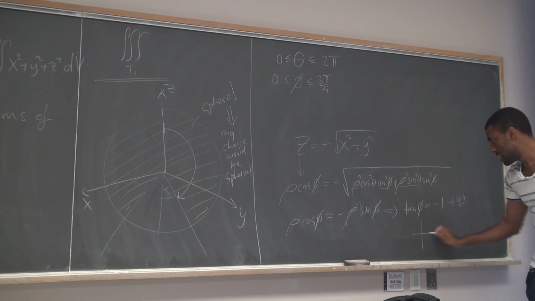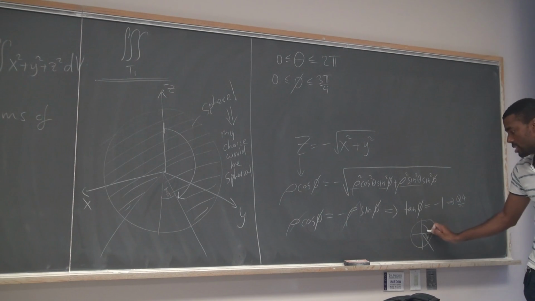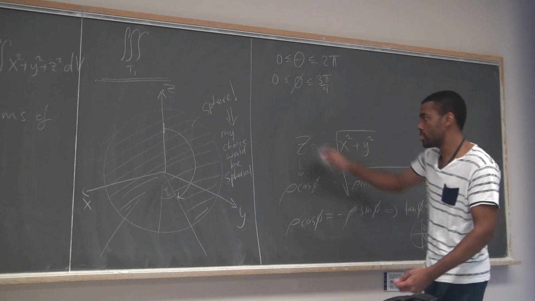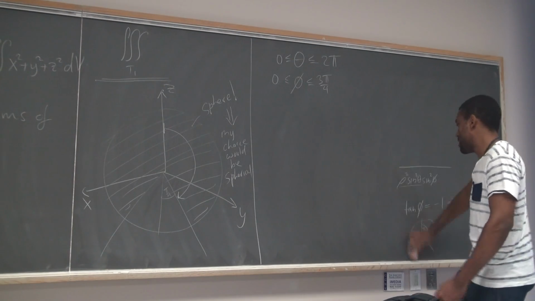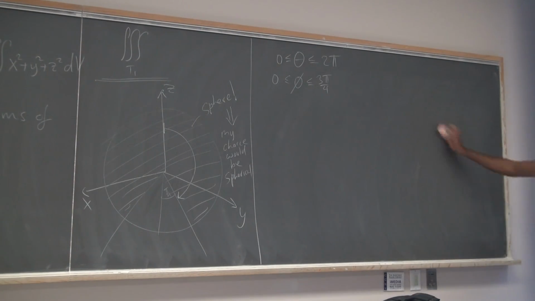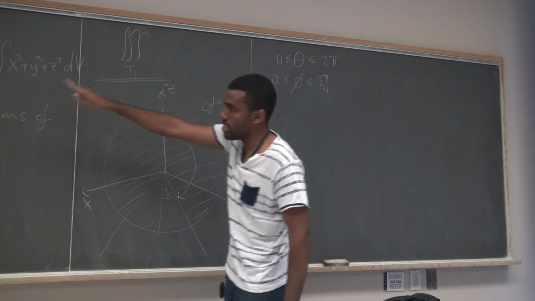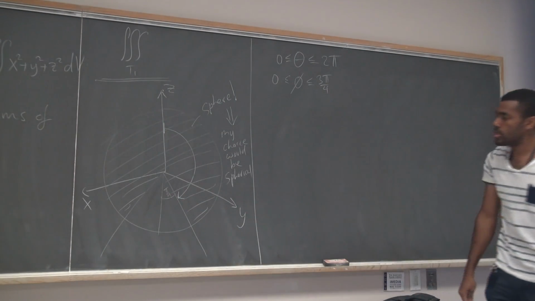But you do know that's in the 4th quadrant, where this is pi over 4. You know that this here is pi over 2, so together it's 3 pi over 4. So you can do it algebraically, or you can also draw pictures. I just want you to know how to figure that out, just in case I give you something weird. But yes, for the cone z squared equals x squared plus y squared, pi over 4 is always going to be the angle from the center here.